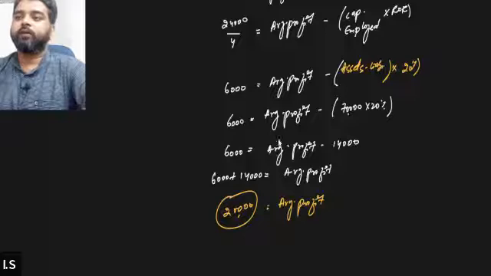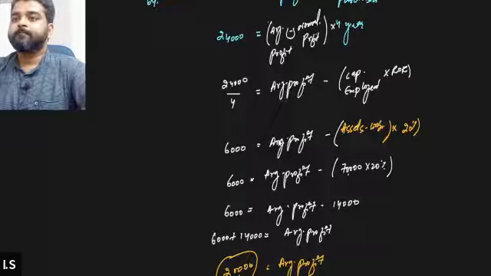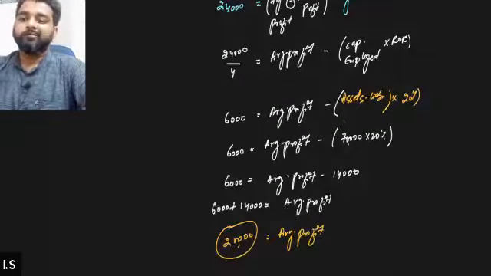All right, everyone. Any doubt, anyone? Alima, Aman, and Sanya. Yes. Is this clear, all of you? Yes, sir.